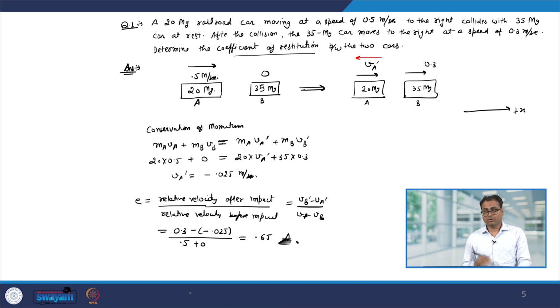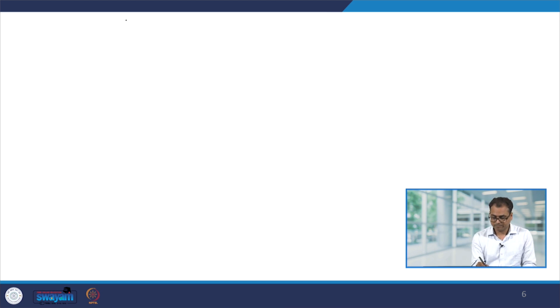Now, let us look at another problem statement. Question number 2. Two cylinders move along a road in a frictionless manner.